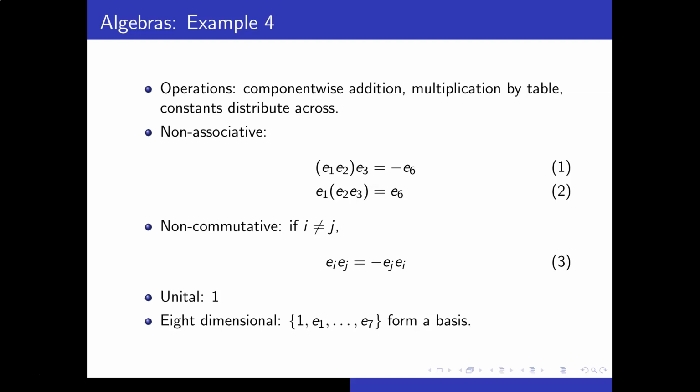But there is an interesting thing that happens. If you start with the real numbers, those are a 1-dimensional algebra. You can make the complex numbers, a 2-dimensional algebra over R. Then you make the quaternions, which are a 4-dimensional algebra over R. And then you can make the octonions, which are an 8-dimensional algebra over R. So the question becomes, can you keep going?